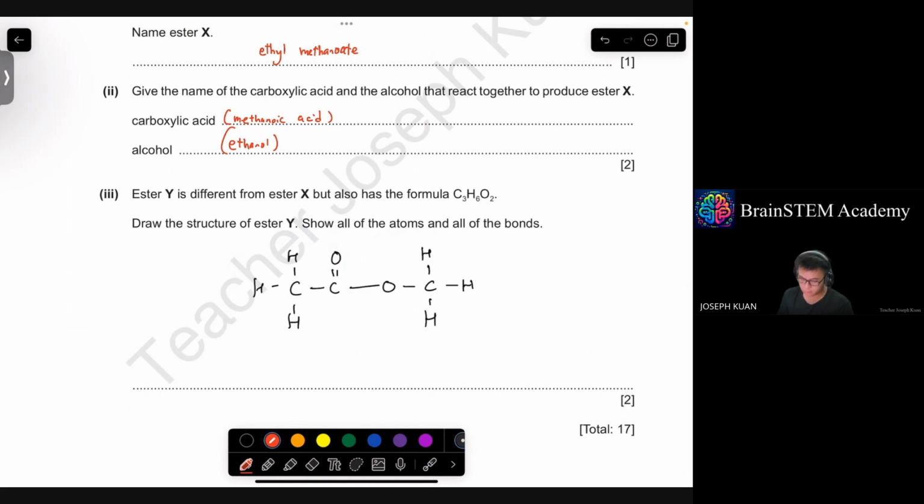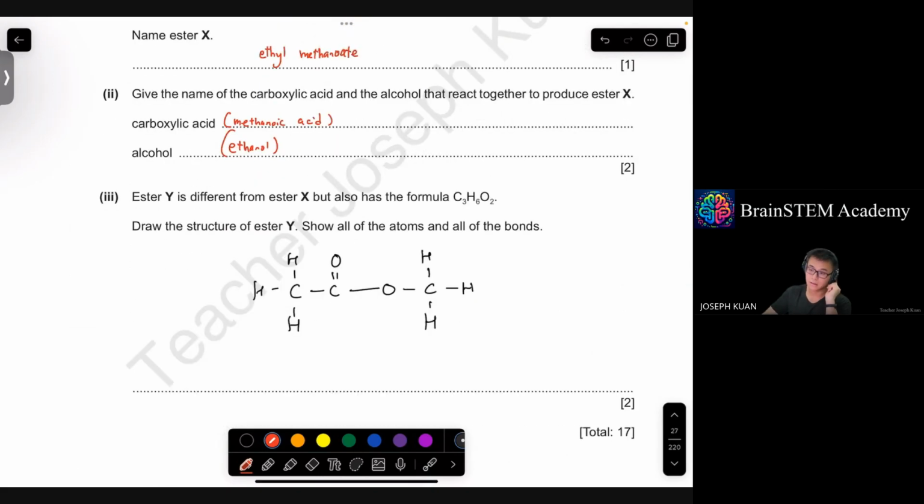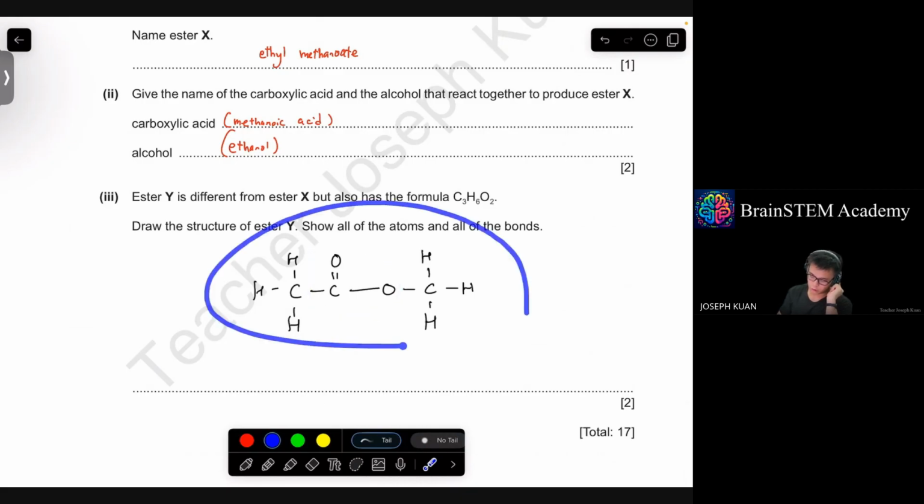Even if you can't draw it, you must be able to name it at least, which is methyl ethanoate. So that's the answer. The 2 marks are for the correct ester linkage, and also the whole molecule being drawn correctly.